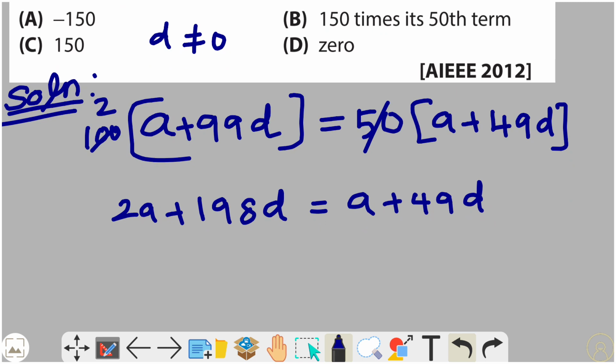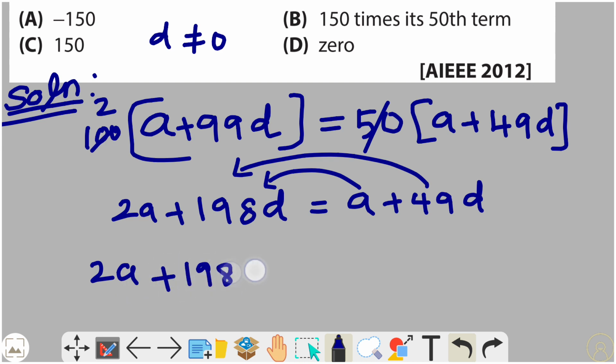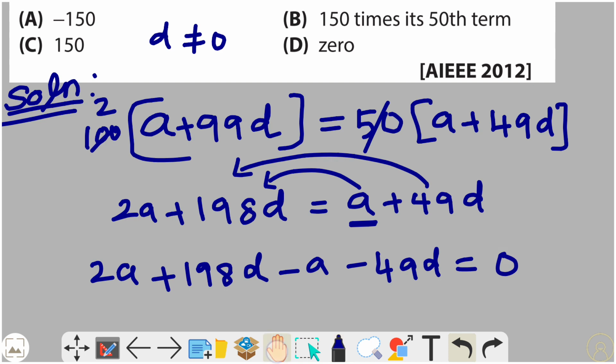If we move this to the left side, the positive terms go to the other side of the equation with the inverse operator, so minus 50A and minus 2450D, equals 0.